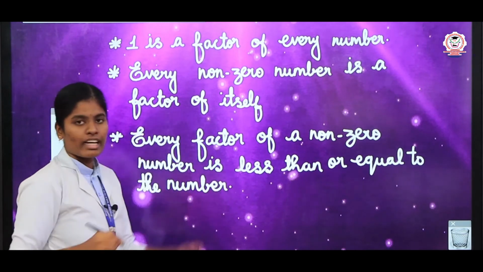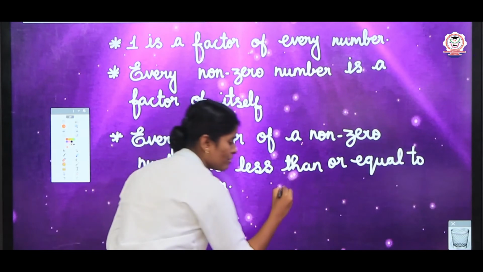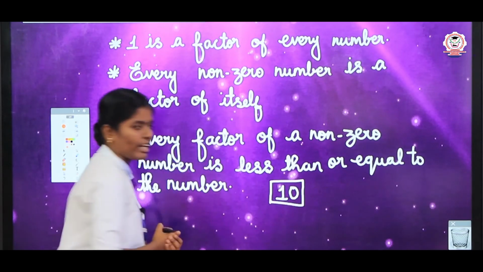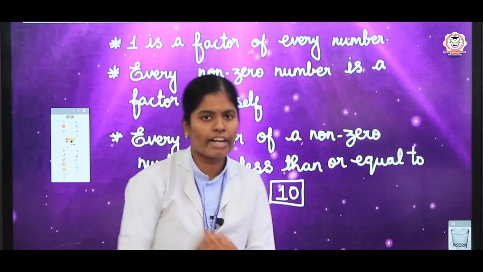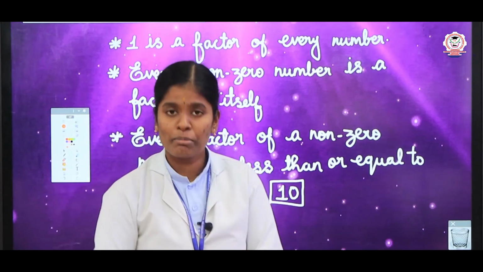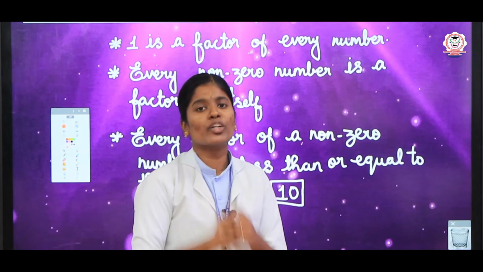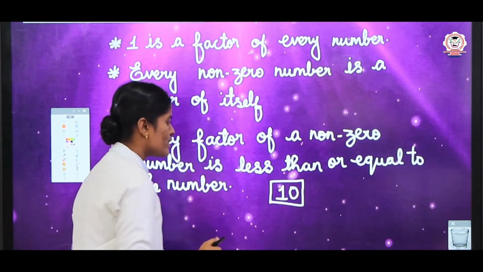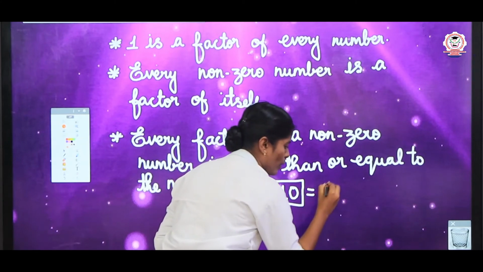For example, find all the factors of 10. First you are going to check the 1 table. Now tell me Krish, 1 table of 10? Yes, very good. 1 ten is 10. So first we write the factors of 10 are 1.